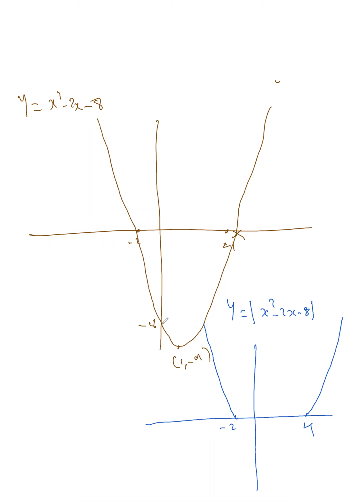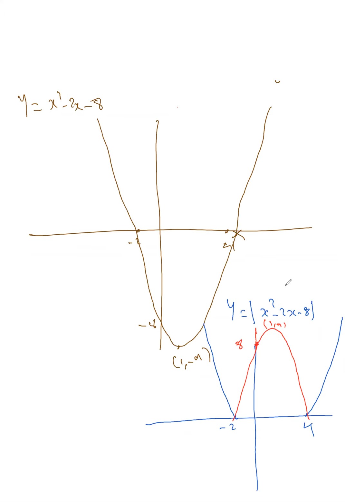So here it is, positive 8, and the graph will look like this. Does anyone understand? Instead of 1 and negative 9, the vertex will be 1 and 9, because the negative part will be converted into the positive part, because this is the absolute value.